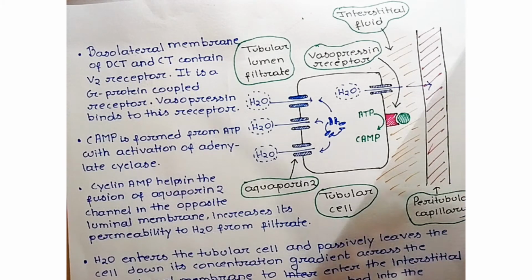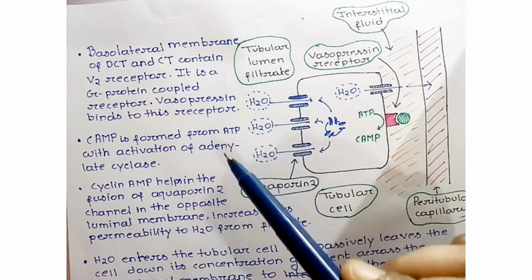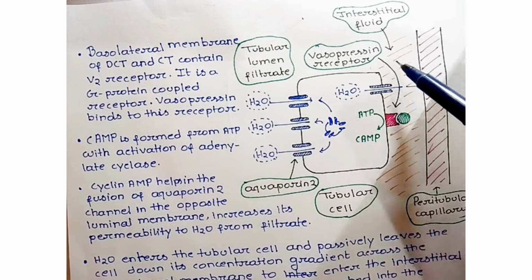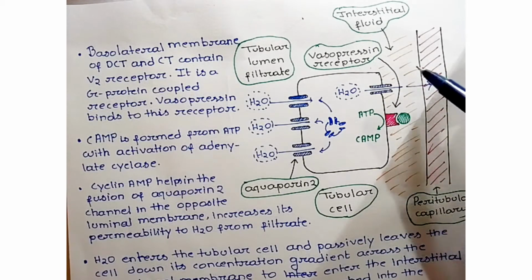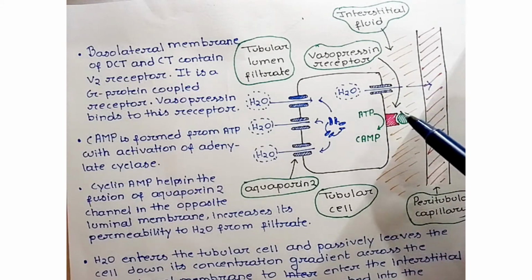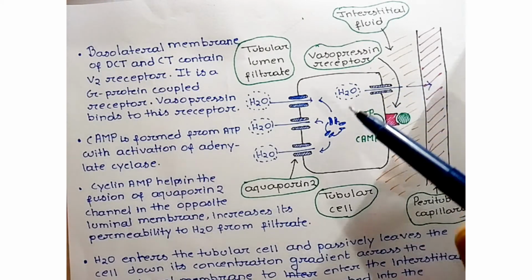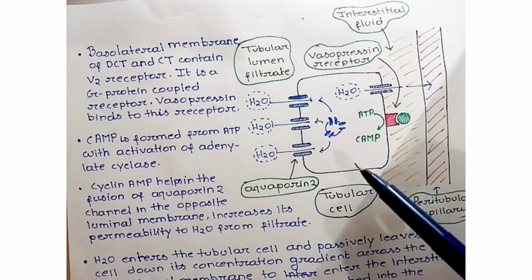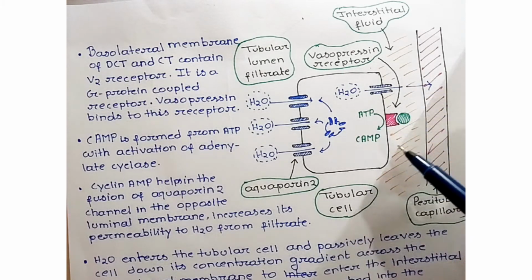Ultimately H2O is reabsorbed into the peritubular capillaries. The concentration of H2O in the filtrate is more than the concentration of H2O in the interstitial fluid. In the case of the distal tubule, the interstitial fluid concentration is near about 300 milliosmoles per liter.